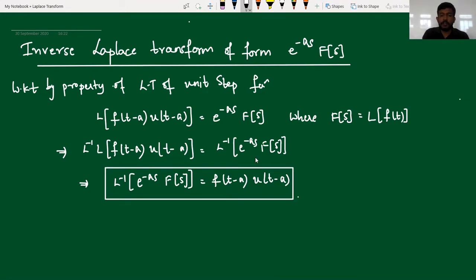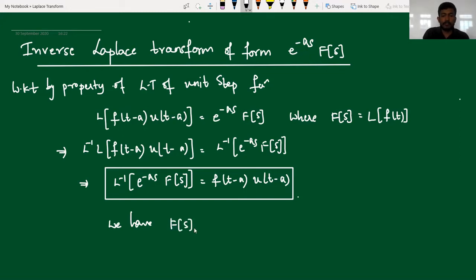It means that to find the inverse transformation of e power minus as into capital F of s, it is enough if we find f of t minus a. The procedure is: we have capital F of s, the Laplace transformed function.